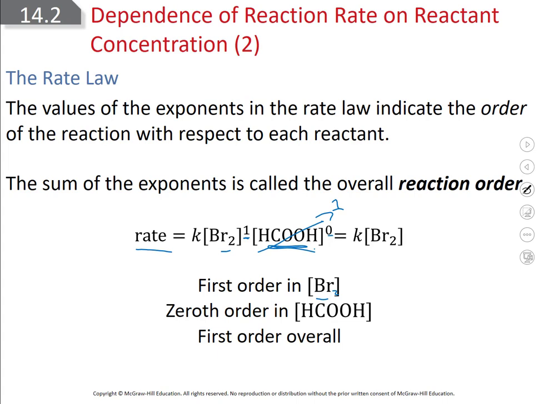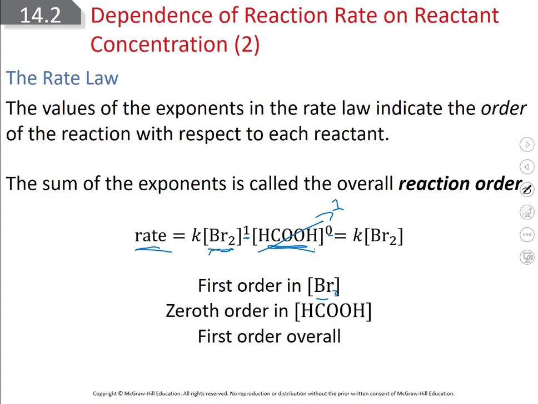That means that the concentration of that one reactant has no effect on the rate. Increasing its concentration won't speed up the reaction. Decreasing it won't slow down the reaction. Whereas first order means that these are directly proportional. Anything raised to the first power is just itself.